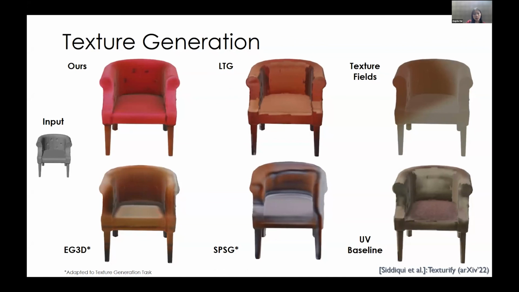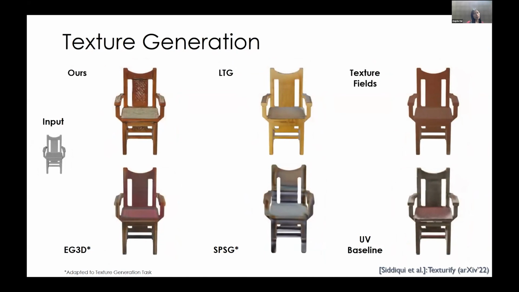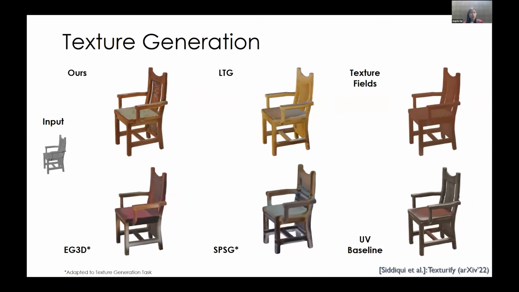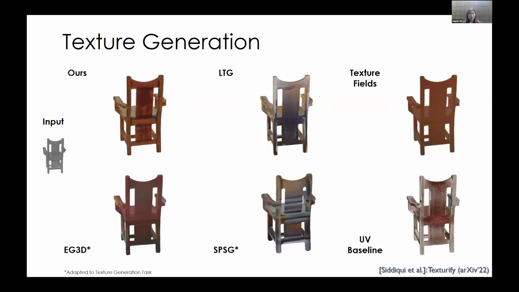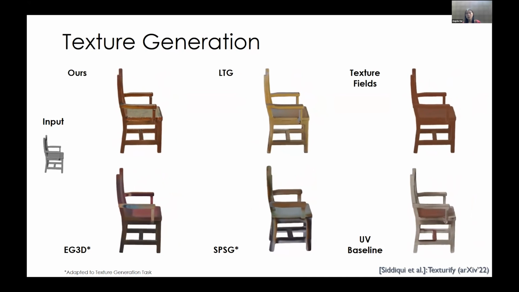The UV baseline is a natural one, since textures are mapped into the UV space, although there are lots of discontinuities then on the surface of the shapes. And then we also have a texture field representation, with just a neural field to generate colors in space. And our approach can generate very detailed and interesting textures on these chairs in comparison to these different alternatives.